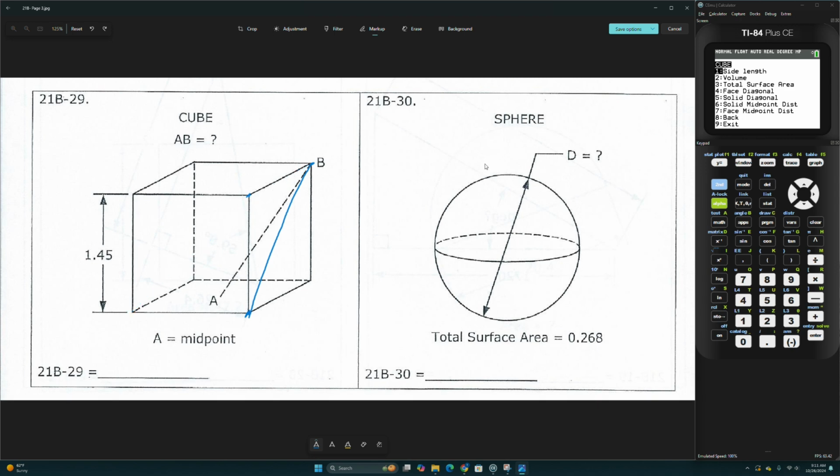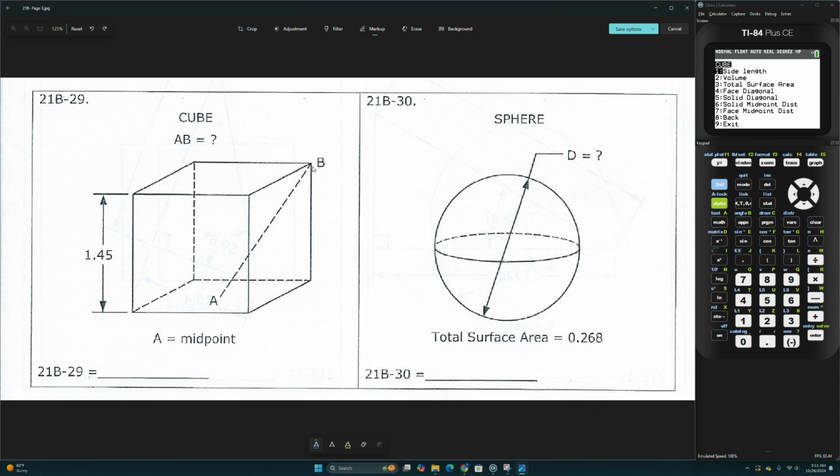What I define as a midpoint is the following. For example, B to A, I call that a, okay, that was terrible, but you can already see the dash. B to A is a solid midpoint distance. So the solid line, if it goes in all three dimensions, and this is the midpoint towards the corner. That's why I call it the solid midpoint distance. That's what we're going to use.